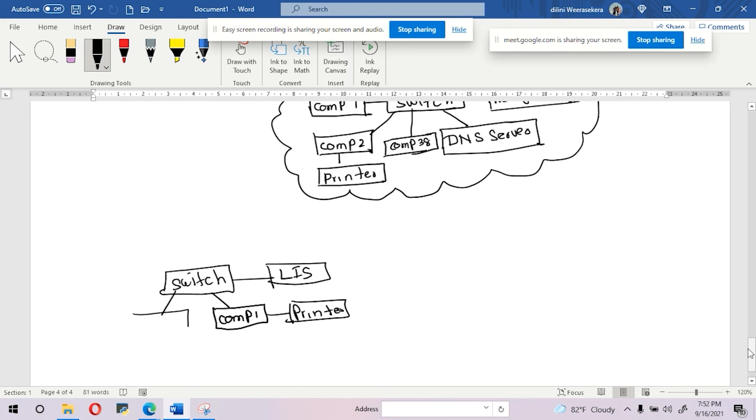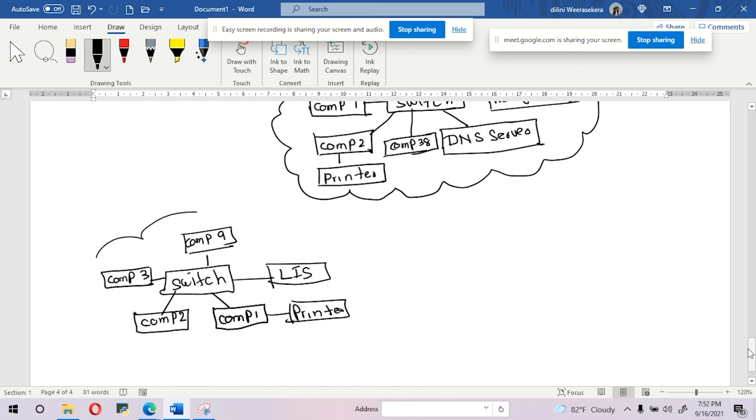And computer two, okay. And computer three, likewise, we can specify some of the computers. Here we have 10 computers. One computer is given for LIS, so we have 9 computers. So we mention here 9 computers. Computer 9.